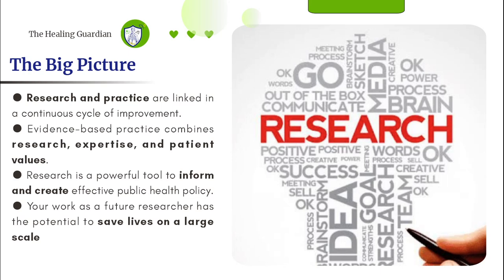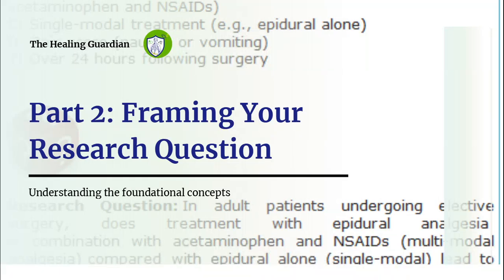When it is published, it is a way of forcing the government to act. So your work as a future researcher has the potential to save lives on a large scale. All the research you do should be published in order to inform the policymakers. Number two, understanding the importance and basis of research.